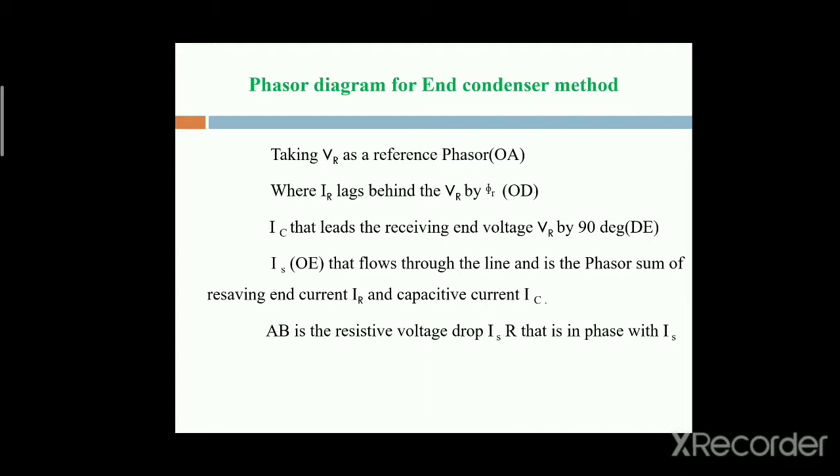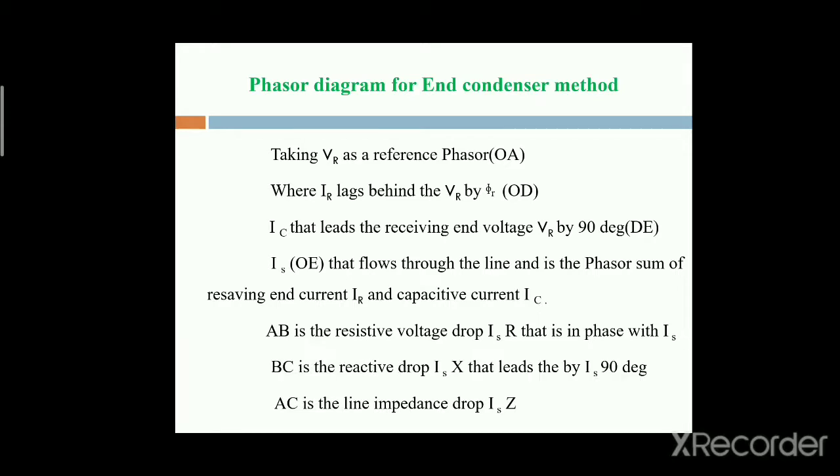Next, AB is the resistive voltage drop, ISR. The resistive voltage drop in the phasor diagram is the ISR, and this is in phase with the IS.